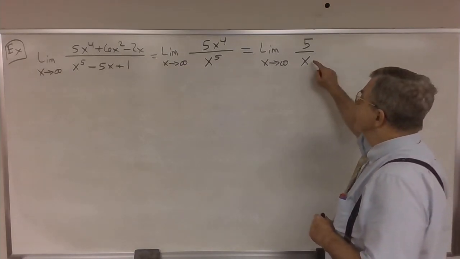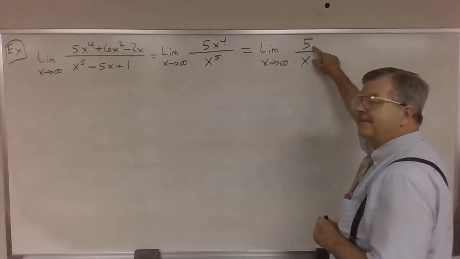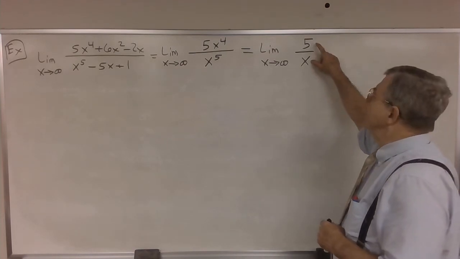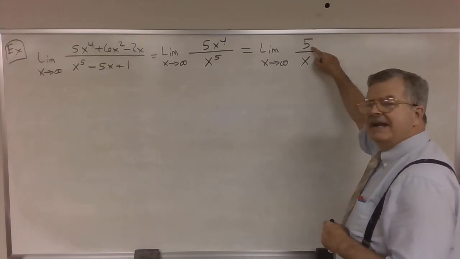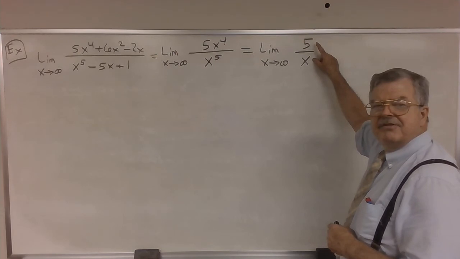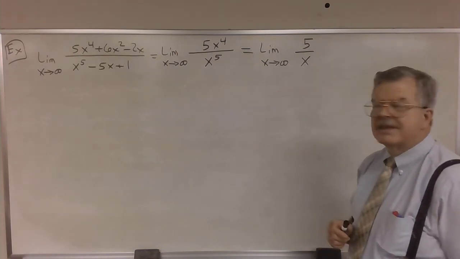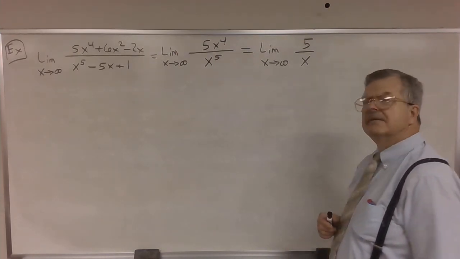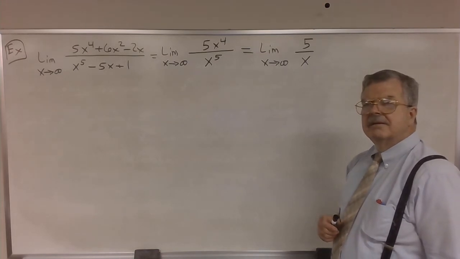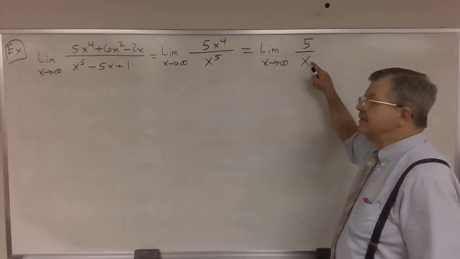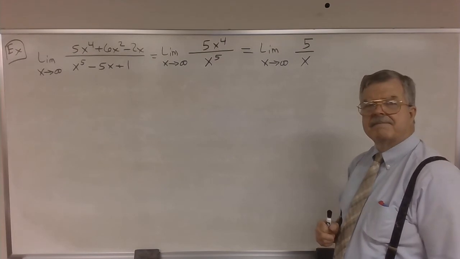Okay, as x goes to infinity, what does this look like? We're dividing 5 by something that's infinitely large. So we have a little number, we're dividing it by a big number.